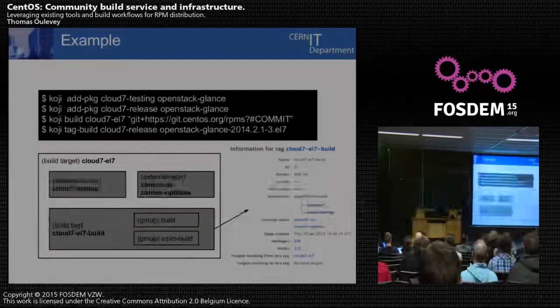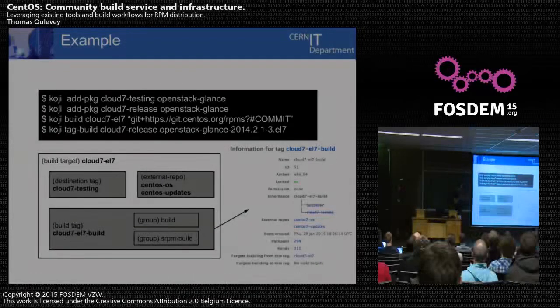Let's say you want to build OpenStack Glance, so you need to add it where you want to build, and then you need to send a Git URL where you have your package name. After that, your package will appear directly in testing, so you will be able to consume it from a repository that is generated automatically by us. And when you are happy with the package and you want to make it release ready, you can just tag the build like that.